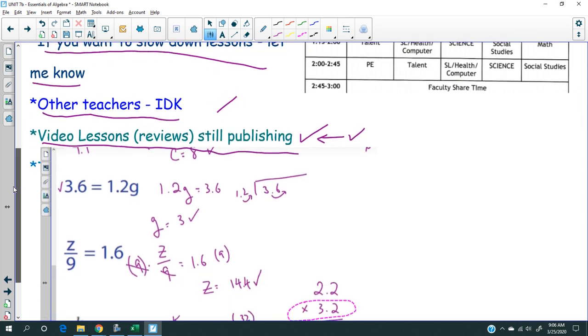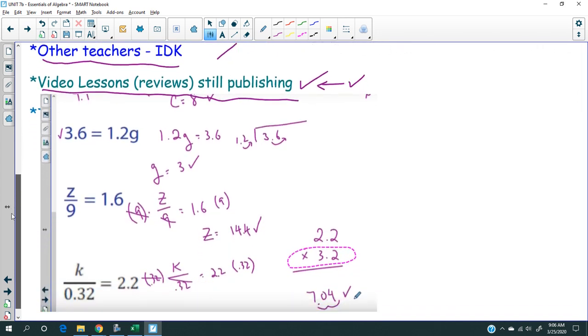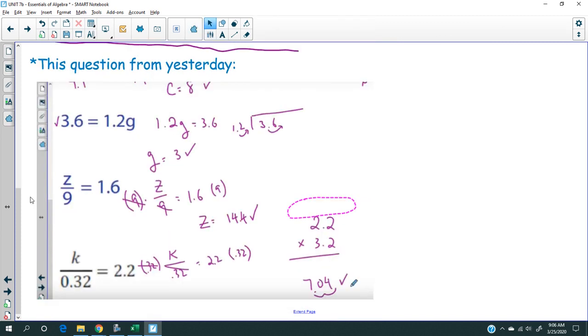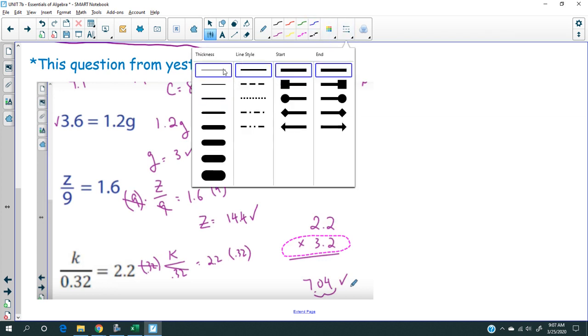Okay. Lastly, I got an email from someone yesterday saying that I made a mistake here. Okay, this last one here. Have you noticed? All right, and he was the only one that pointed it out. When I multiply 0.32 on both sides, somehow I did 3.2.